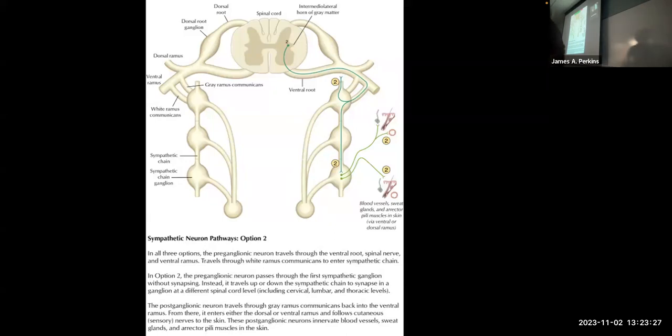So, little quiz part 2. At what vertebral levels do we find the gray ramus communicans? Wild guesses?